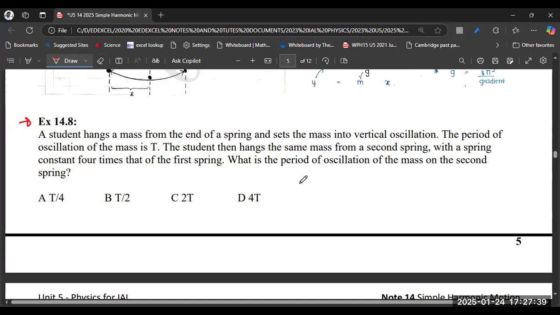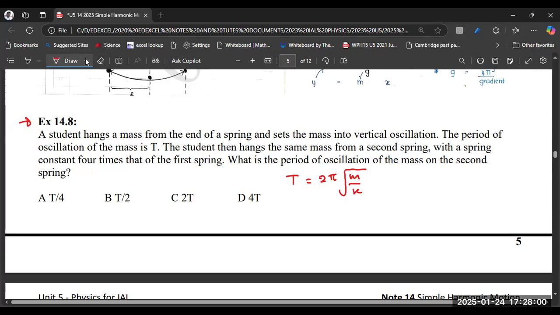So it always goes with then what the equation. Do they ask about the frequency and spring constant or time period? What is the period of oscillation? So time period. And they are talking about the spring constant. So we will start with the equation. Time period is equal to 2 pi square root m over k.